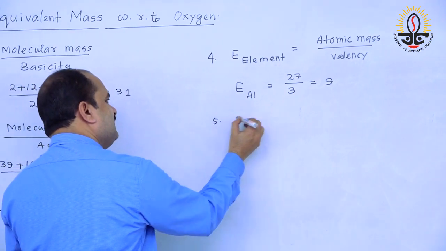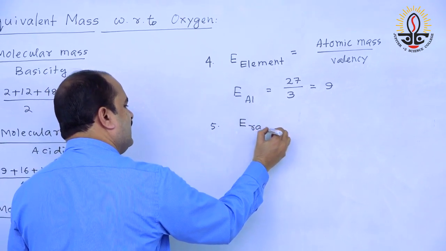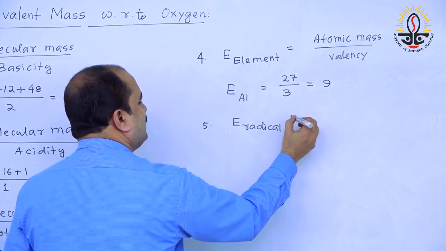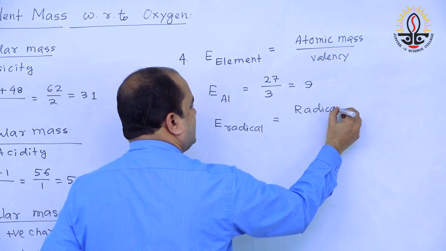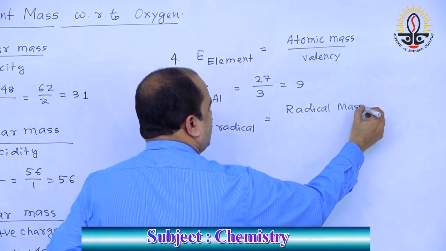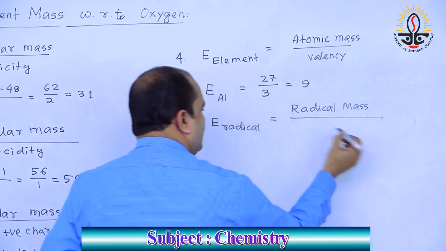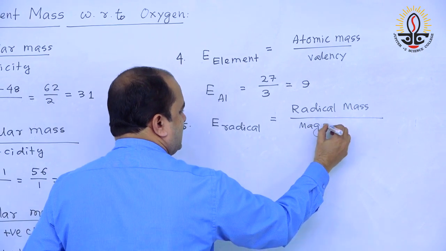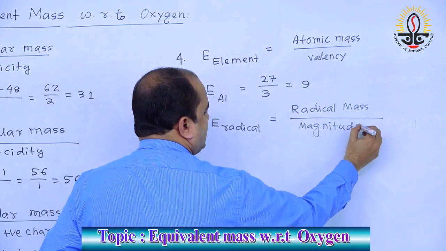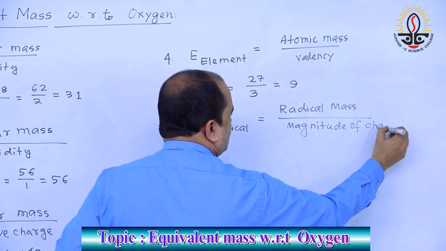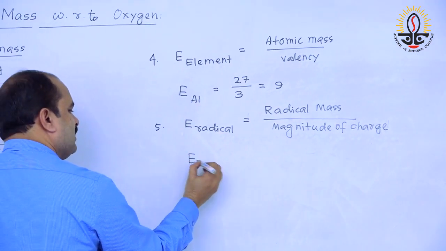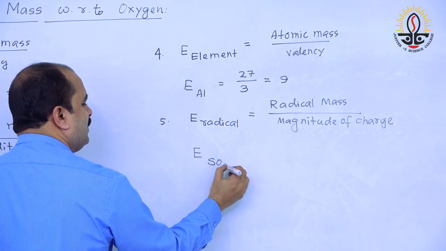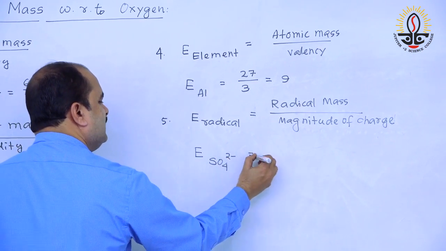Number 5 is equivalent mass of radical. Equivalent mass of radical is equal to radical mass divided by magnitude of charge. For example, equivalent mass of sulfate ion, SO4 2 minus.